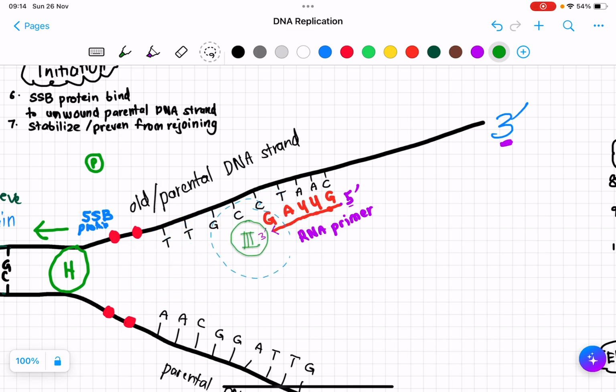Macam mana dia synthesize? By adding DNA nucleotides. Tadi primase dia add RNA nucleotide sebab ada U. Tapi sekarang DNA polymerase dia synthesize leading strand by adding DNA nucleotide. Tak boleh ada U, mesti ada T, G, C, A.